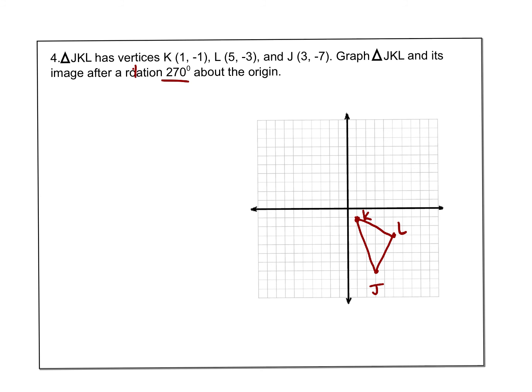Now what I want to do is take my points. This time I'm going to take y times -1, then switch x and y, and then I'll have my new points.